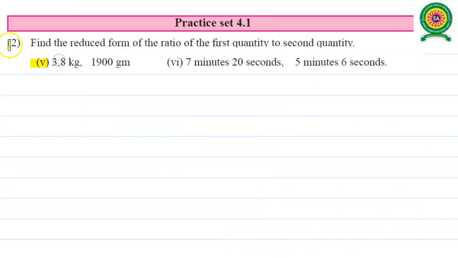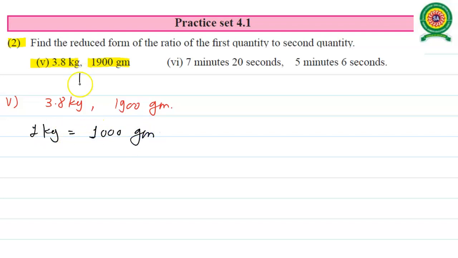Look at the fifth sub question from question number 2: 3.8 kg and 1900 gram. I am writing 3.8 in kg and 1900 in gram. Everyone knows 1 kg equals 1000 gram. While forming the ratio, both quantities must have the same unit, so let us convert 3.8 kg into gram by multiplying both sides by 3.8.